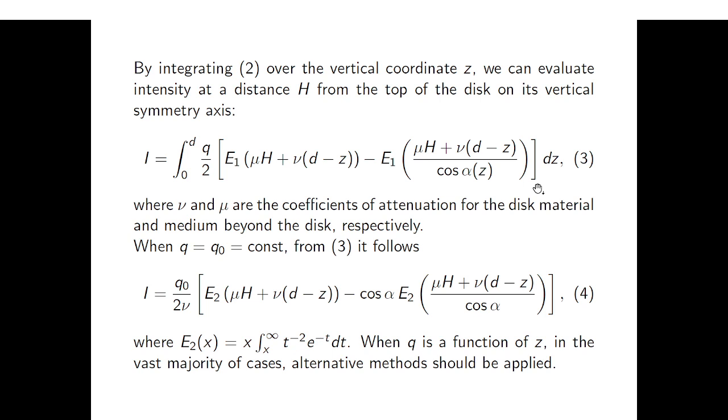Note that when the source activity function is exponential or constant, relation 3 admits analytical derivation. Namely, for constant Q, from 3 it follows relation 4. When Q is a function of z, in the vast majority of cases, alternative methods should be applied. That is the objective of this research.